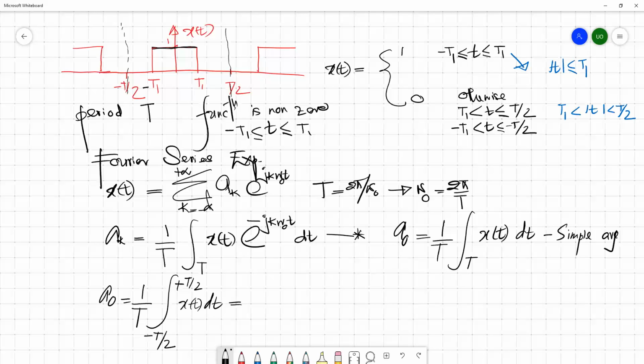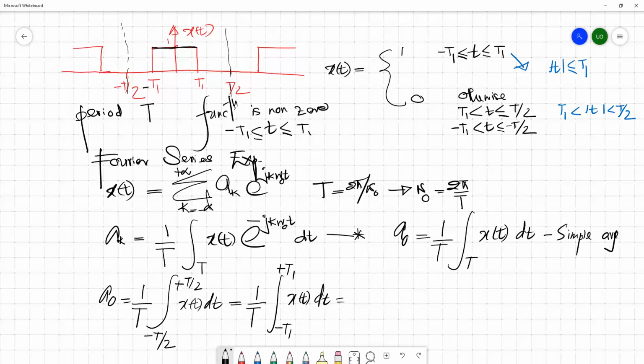But this particular function is defined only between minus t1 and t1. So our integral simplifies to this range, x(t) dt.